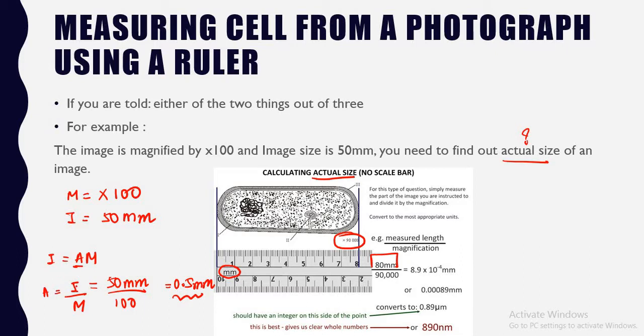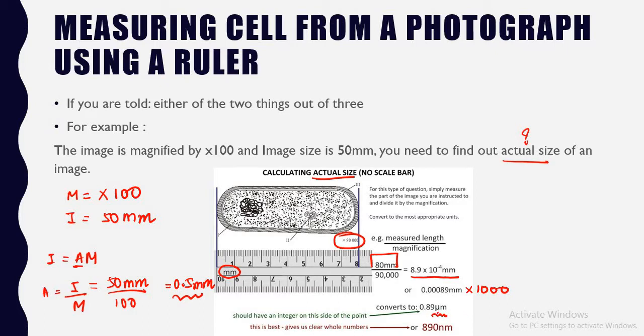IM, A you want to find out, I and M are given. Image size in millimeters is 80 mm, divided by magnification. That will provide you 8.9 times 10 raised to minus 4 millimeters. Now what you are supposed to do is convert it into micrometers, so you just multiply it by 1000.